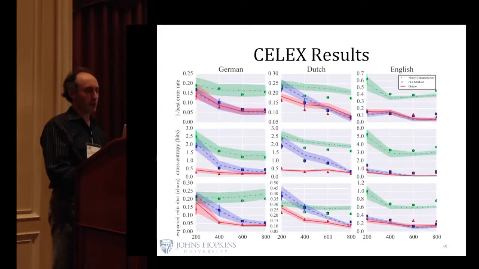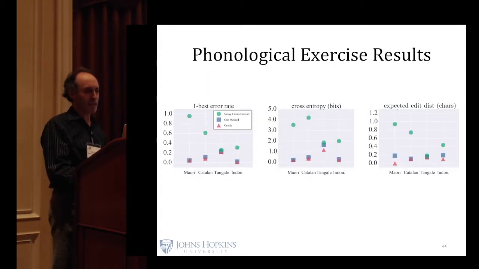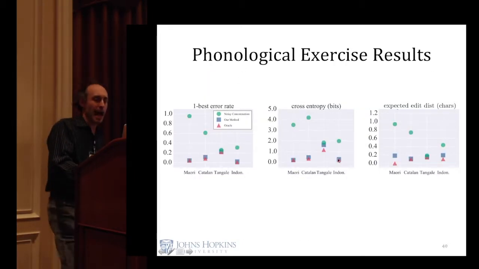So here's a bunch of other graphs where the rows are the error metric and the column is the language. I'm sorry, these languages are so similar. This is the data set that we had. But here we have textbook exercises. And you see that for these 4 languages, our blue results are quite close to the red results that you'd get with an oracle, and quite far away from the green results.